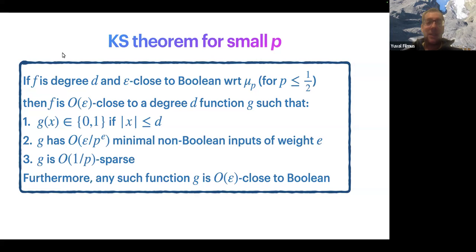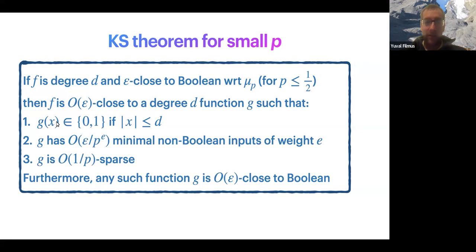Okay? So let's say that f is a degree D function, which is epsilon close to Boolean with respect to some mu p. Then f is going to be order epsilon close to a degree D function g, which satisfies the following three properties, which I'm going to go over one by one.